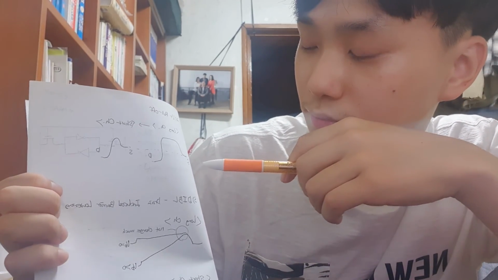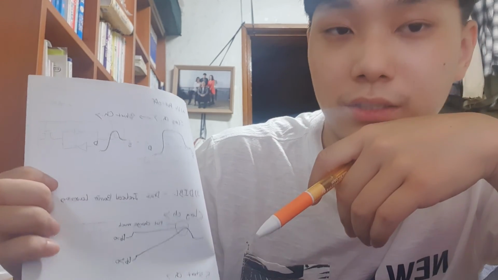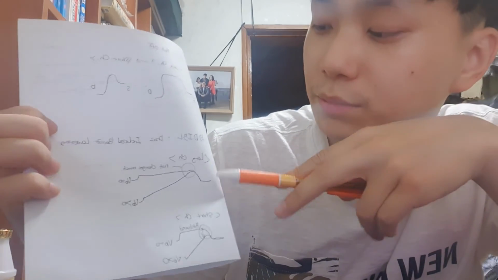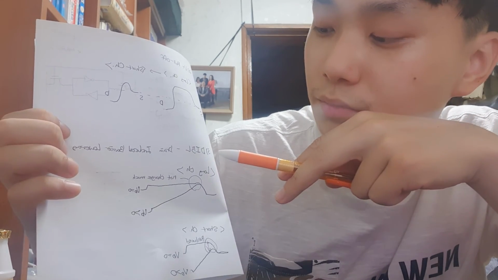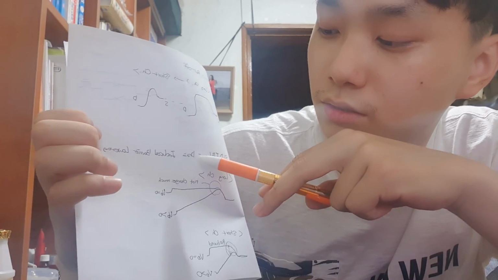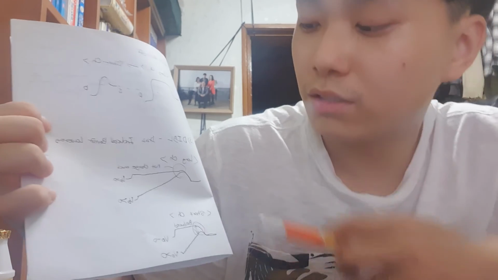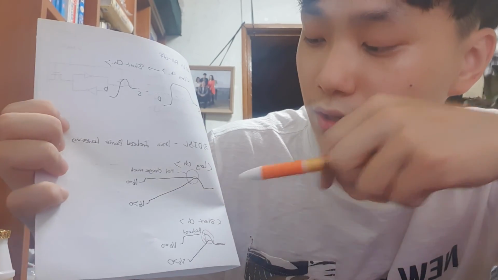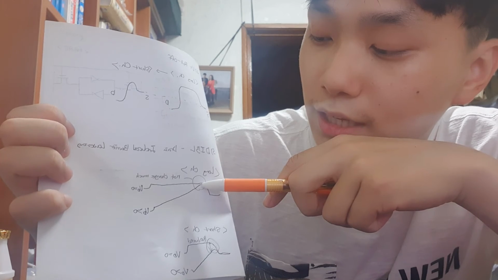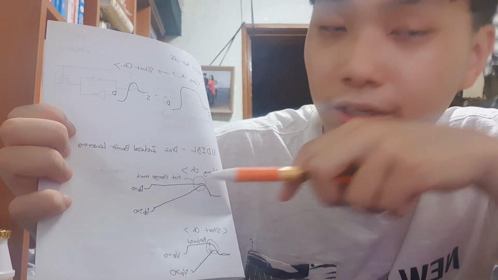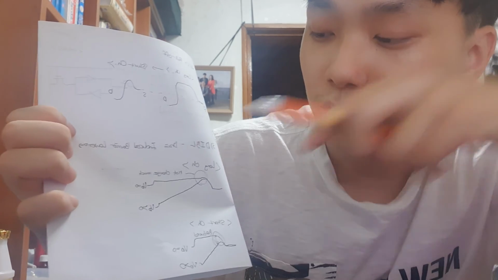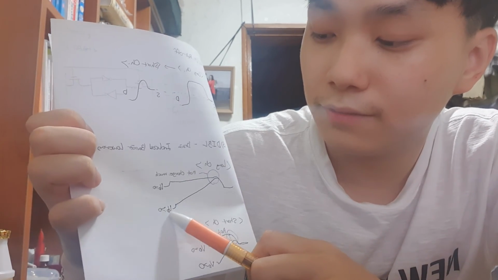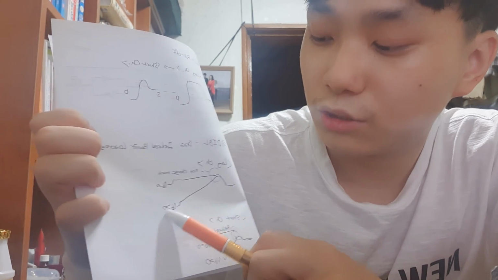Likewise, when the drain bias becomes bigger, there is another problem called DIBL, the drain-induced barrier lowering. When the device is long channel, we can't see the variation between VD equal to 0 and VD bigger than 0.